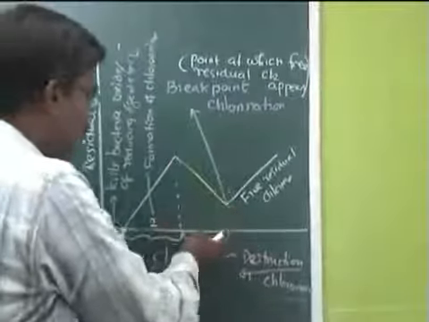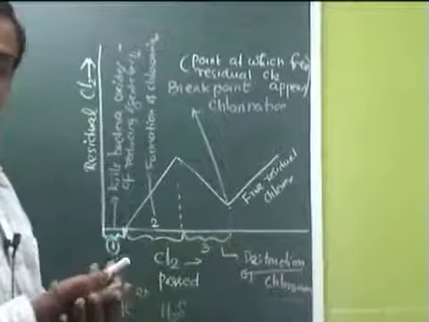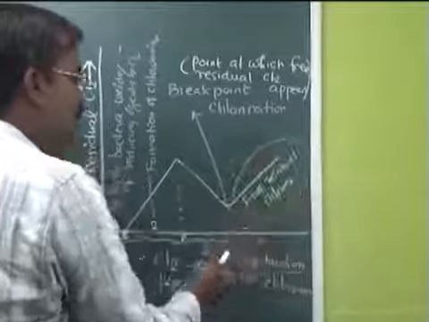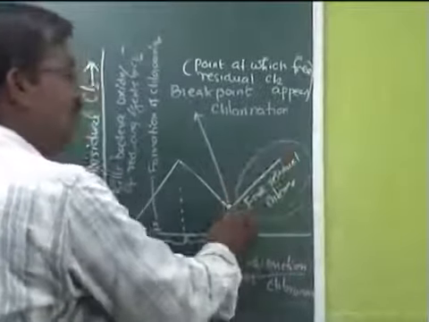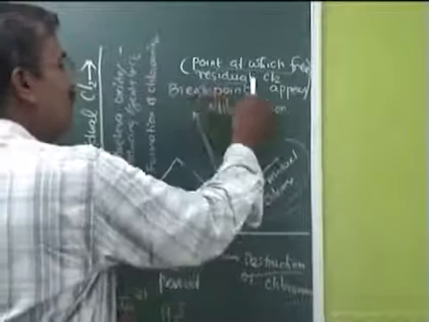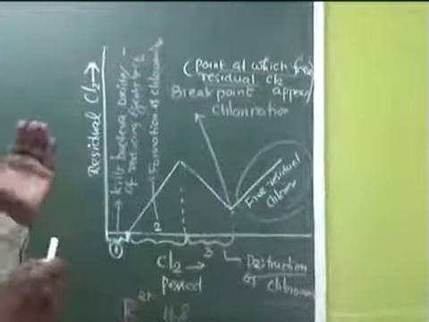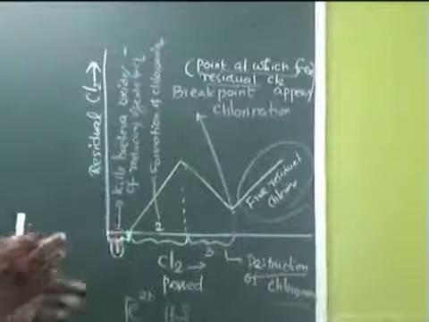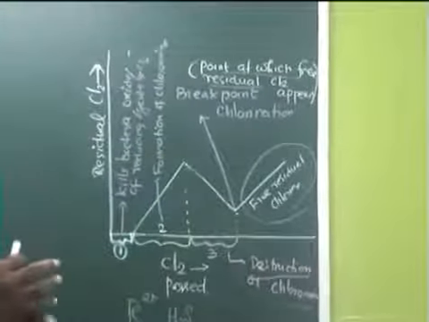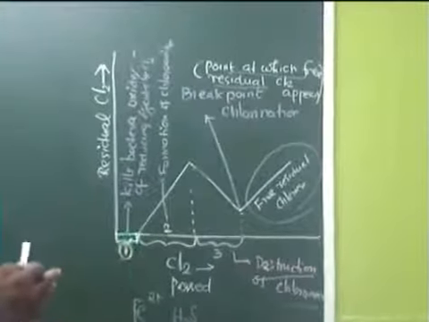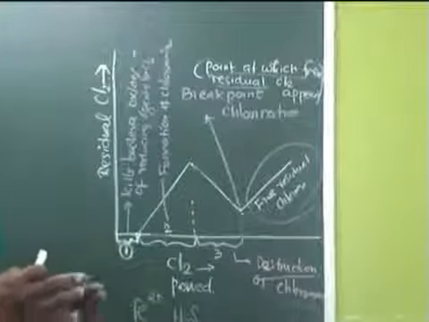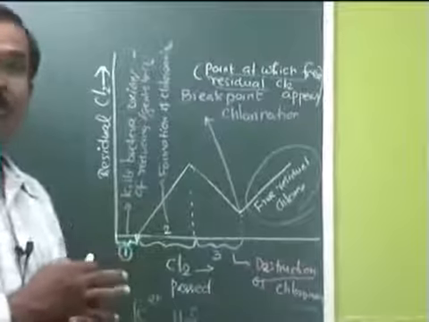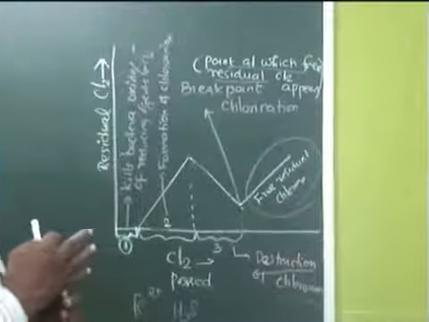So the chlorine which we are passing has no role, and it appears as free residual chlorine. The point at which free residual chlorine appears is called breakpoint chlorination. At this breakpoint chlorination, all the impurities are removed, sterilization is 100%, so we are getting reasonably pure water for domestic water supply.